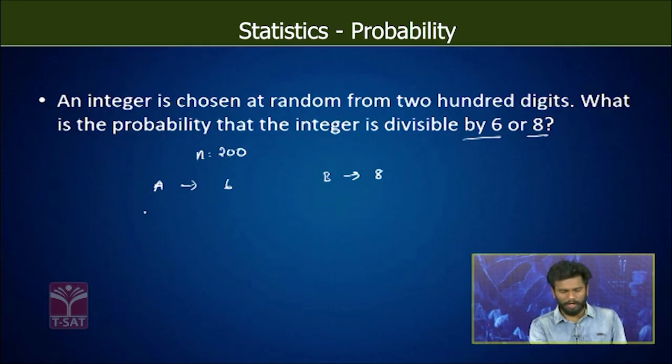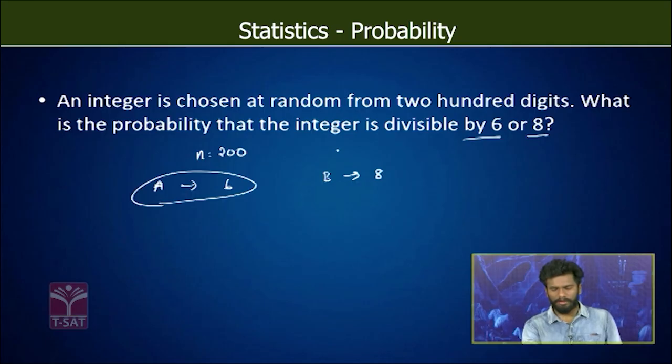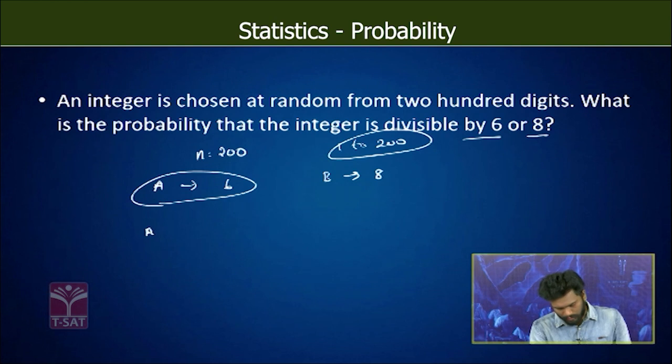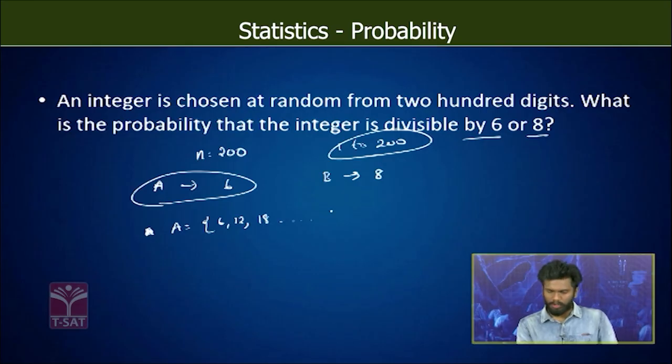Now let us see how many numbers from 1 to 200 are divisible by 6. My set A will be 6, 12, 18 and so on up to 198. 198 is the last number which is divisible by 6.